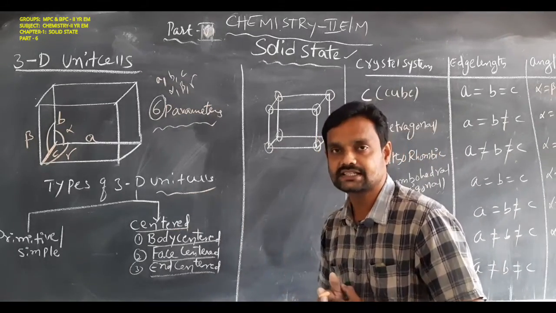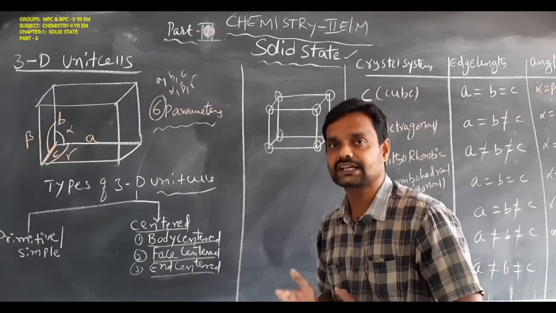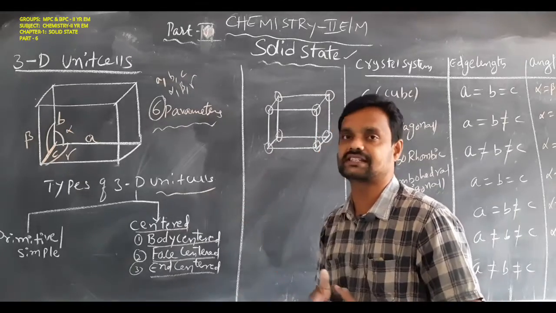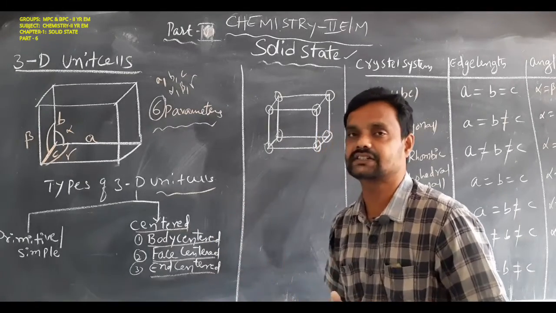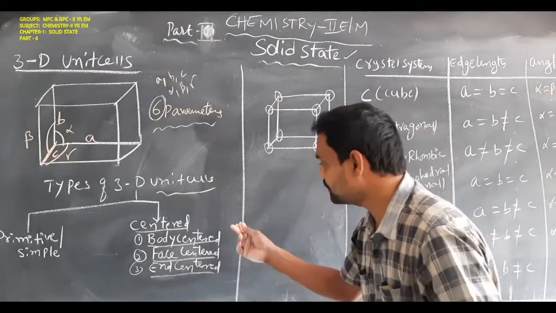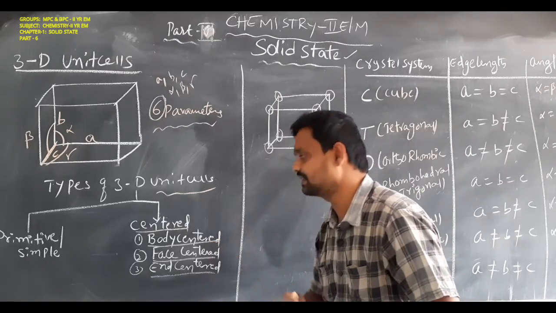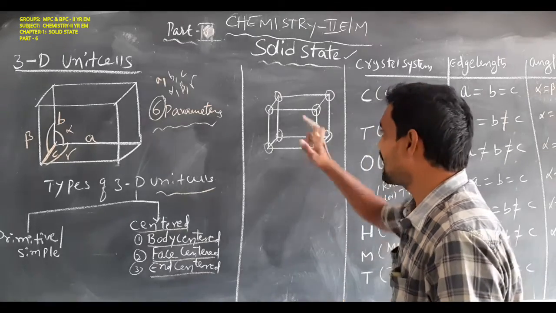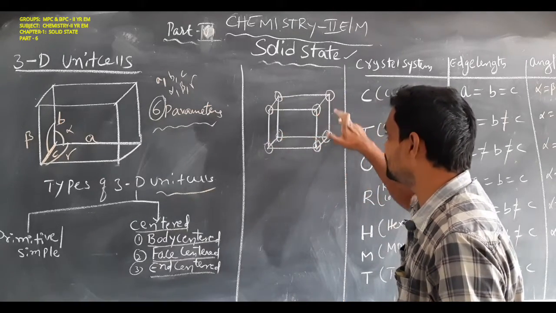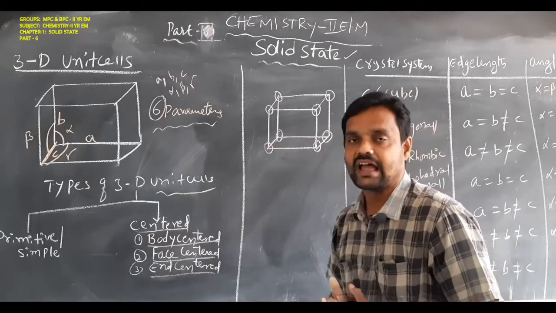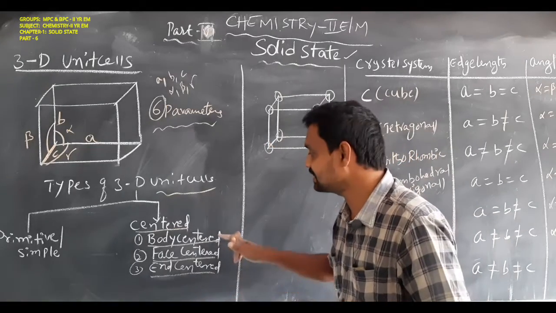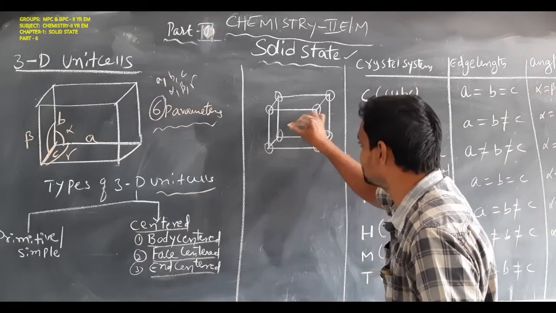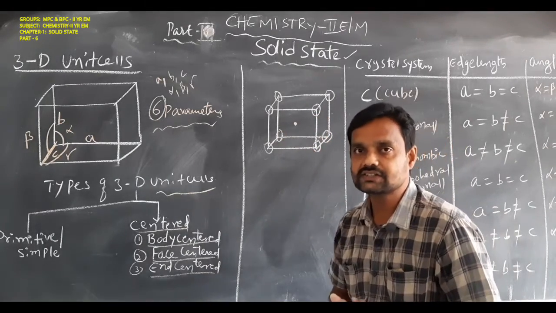Centered unit cell means the atoms occupy the corners and also occupy the center of the unit cell. That is called a centered unit cell. For example, body centered unit cell means the atoms occupy the 8 corners and are also present at the body of the unit cell.